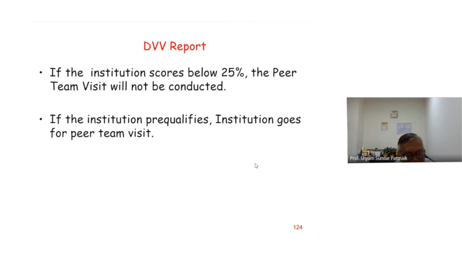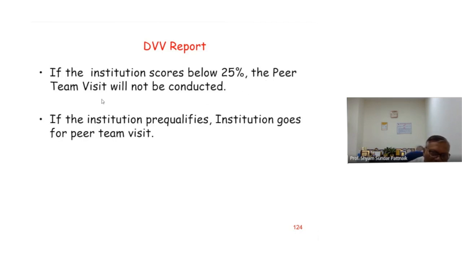If the institute's score in the DBB report is below 25%, then the peer team visit will not happen. So the institute doesn't qualify in the pre-qualifier. Only if it is scoring above 25% does the peer team visit take place.